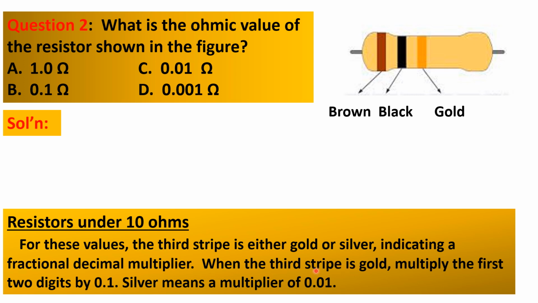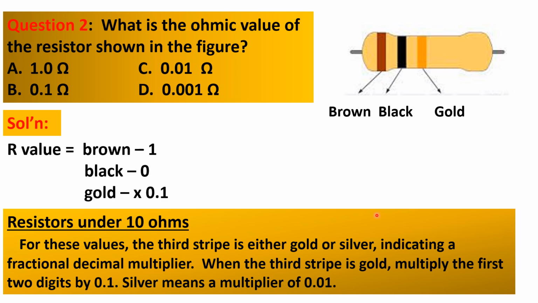So what you'll do is multiply the first two digits by 0.1. If this third band is silver, that would mean a multiplier of 0.01. So, for this particular type of resistor, our first color band is brown, so the first significant digit is 1, while the second band is black, corresponding to the digit 0, and the third band is gold.